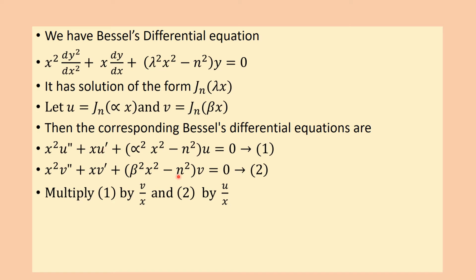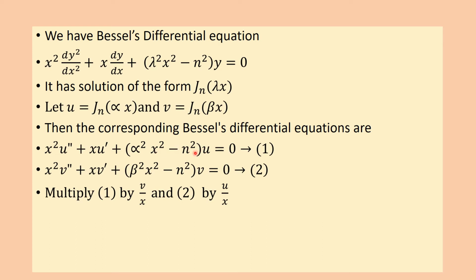Similarly, if you open the bracket and multiply v by x to the first term, alpha square u v x will remain, one x from the denominator cancels, minus n square u.